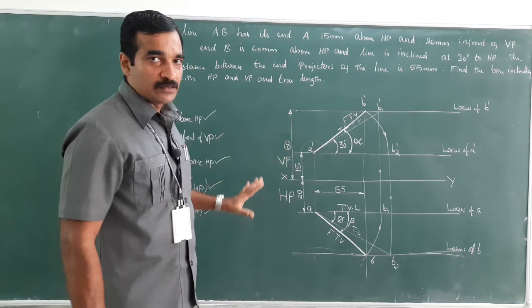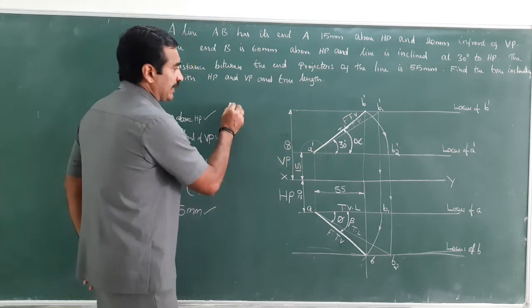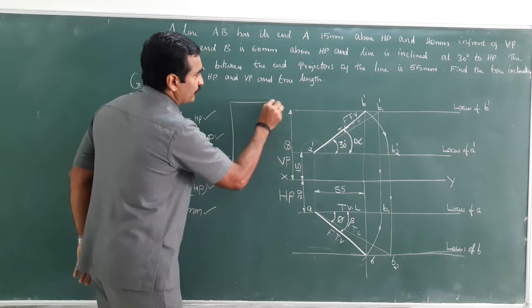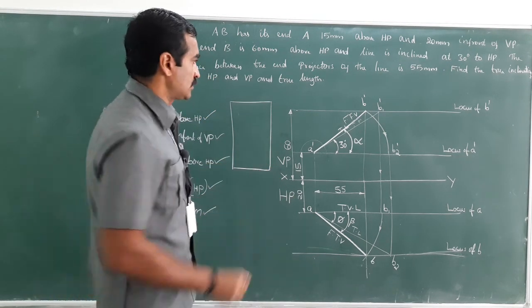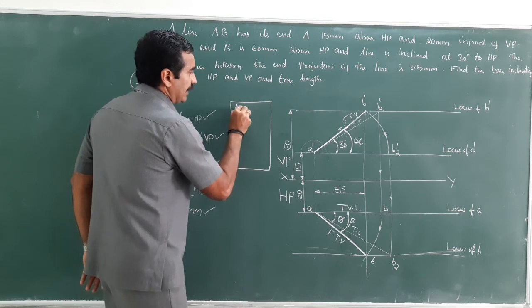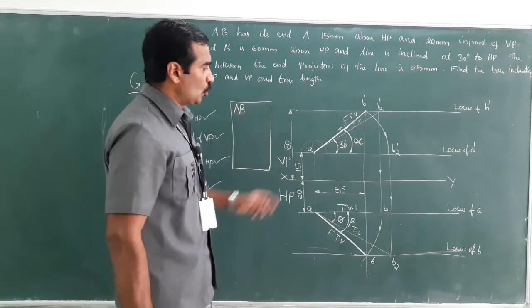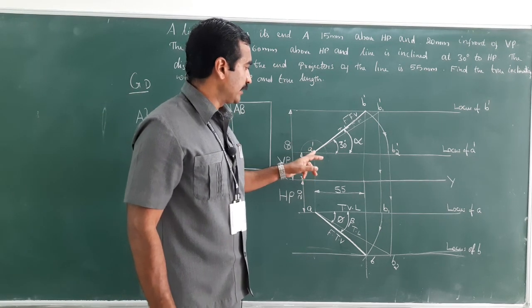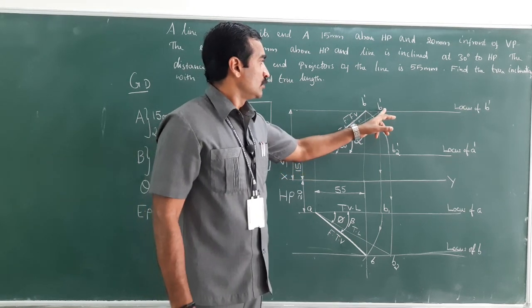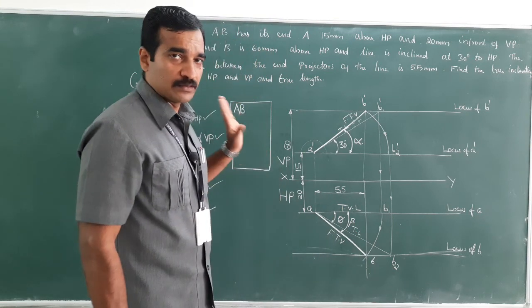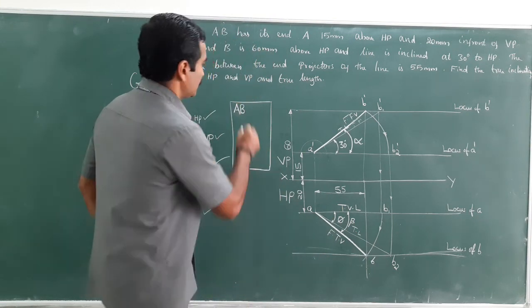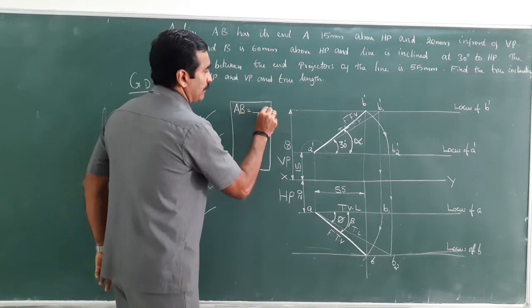So what is next? We'll have to extract the information from the given drawing. These 7 data, what are they? The line AB, that is the true length, could be either A dash to B1 dash or A to B2. Both are the same length, which should be in mm.